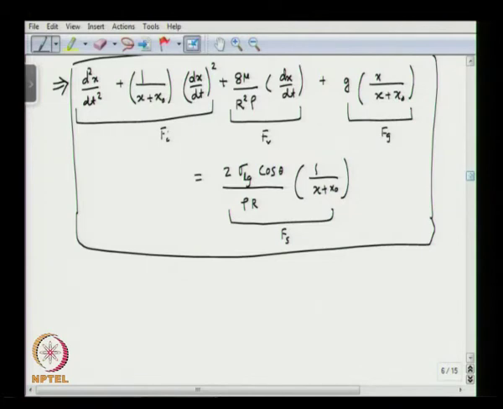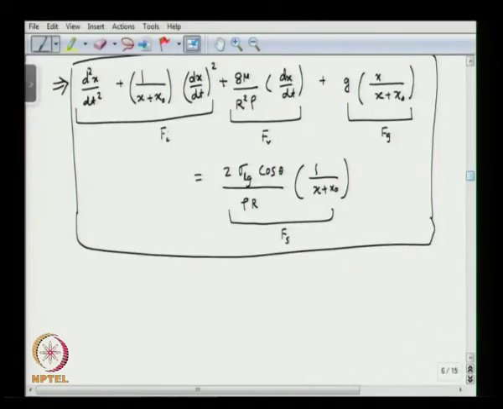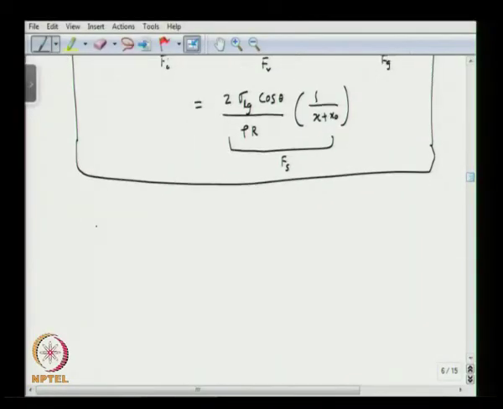Now, we can obtain solution for the two extremes, one when the time scale is very less. So, it is basically the beginning of the capillary filling process, and the second is towards the end of the capillary filling process. So, solution can be obtained for two extremes.